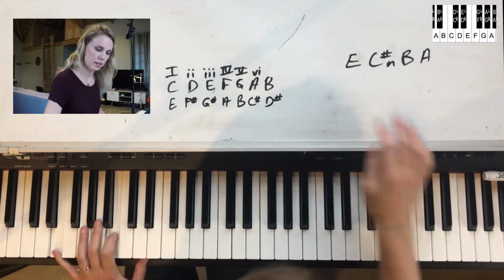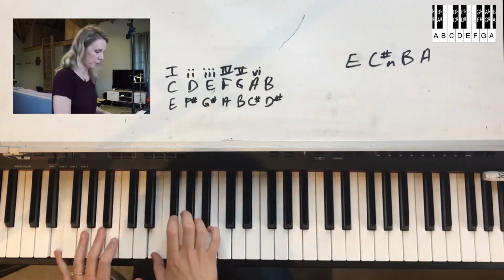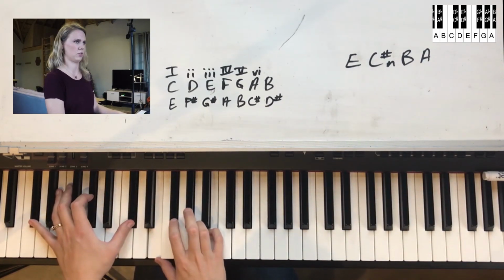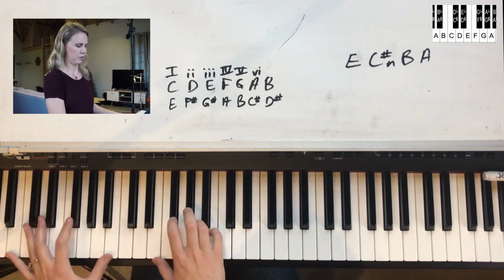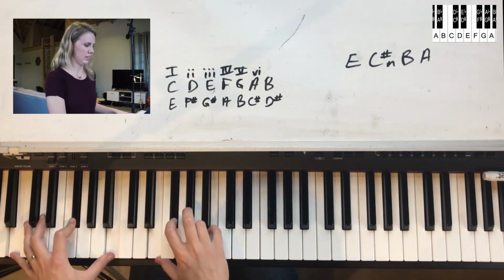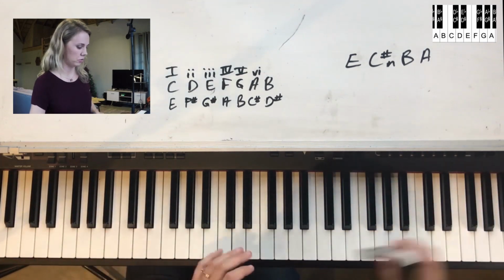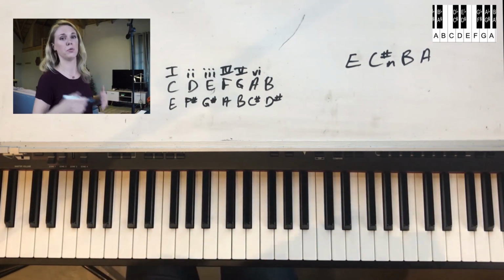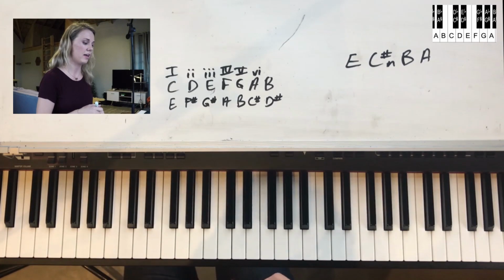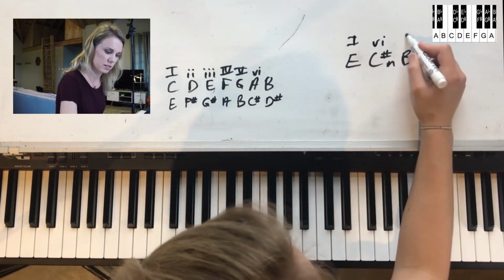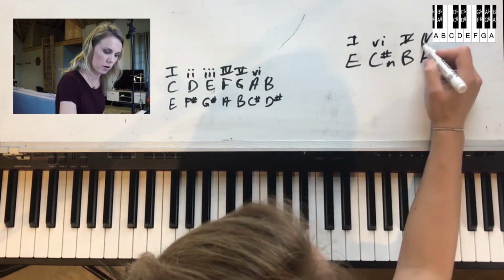And I'm like, okay, it's on the chord chart, I'm all good. I'm like, oh my gosh, that's so low. What do you do? You move it up, you transpose it is what we call that. And so I know, oh, E is 1, this is 6, this is 5, this is 4.